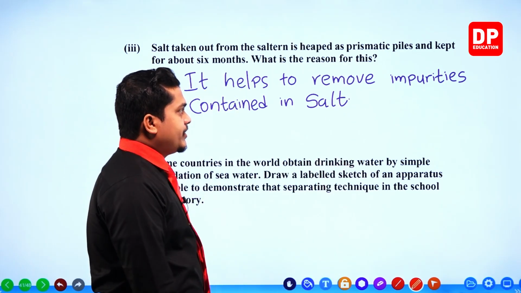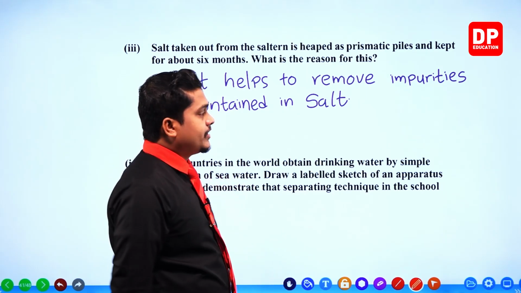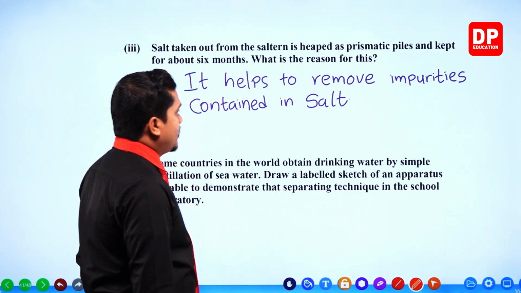So there are several impurities. Actually, there are two impurities. So it helps to remove the impurities contained in the salt. Okay. Next one.